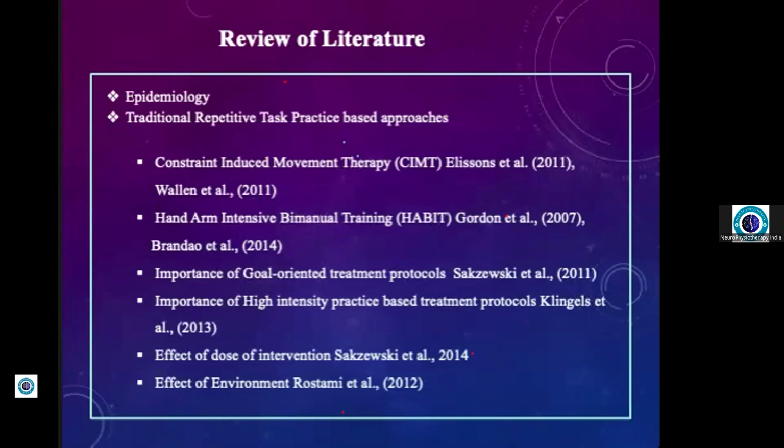And conventional therapies like CIMT and HABIT have been created for high intensity therapy programs that can focus on strengthening the motor pathways and high number of repetitions of any given task, instead of low frequency therapy sessions for a shorter period of time. But the problem is, as effective as they are, they cannot be performed long term, because again, adherence is really, really low for intensive repetitive task practice in children as well as in adults.